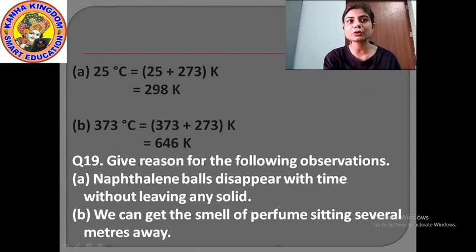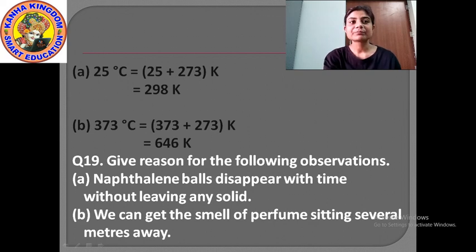So what you have to do? 25 plus 273 Kelvin is equal to 298 Kelvin. Temperature is always more in Kelvin scale and in Celsius scale it is always less. Okay.